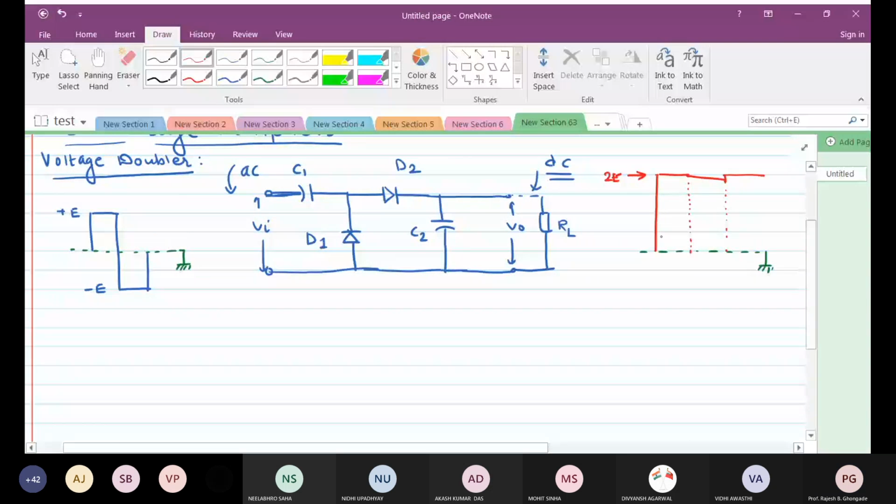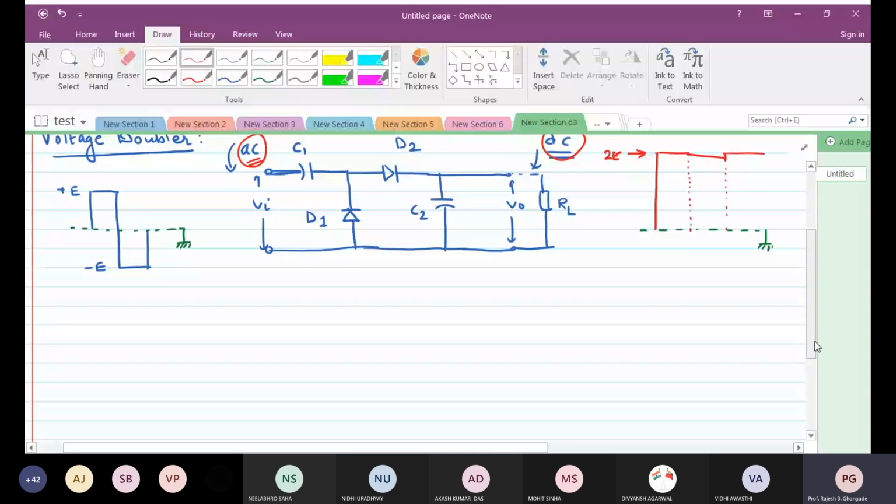So do you see the input and look at the output? What is the difference? Input is AC, whereas the output is DC. This is one very, very important thing that you should remember.